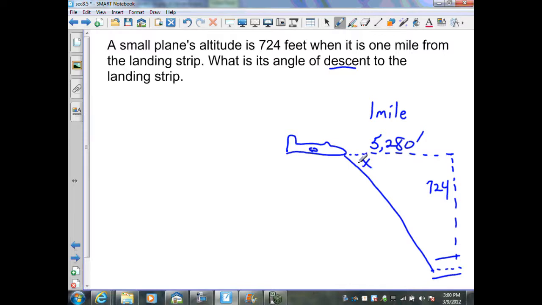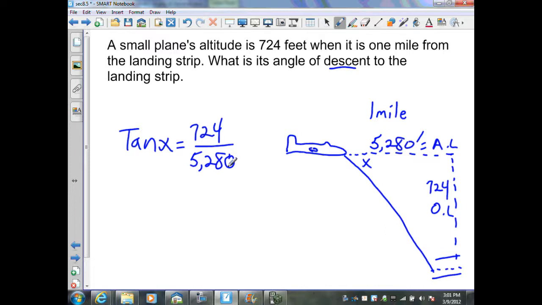Now, using that angle, I need to identify the sides of the triangle. Here I have an adjacent leg, and here I have an opposite leg. Now I determine the trig ratio by the parts of the triangle, opposite and adjacent. That would be tangent. Tangent of x degrees equals opposite, which is 724, over adjacent, which is 5,280 feet.